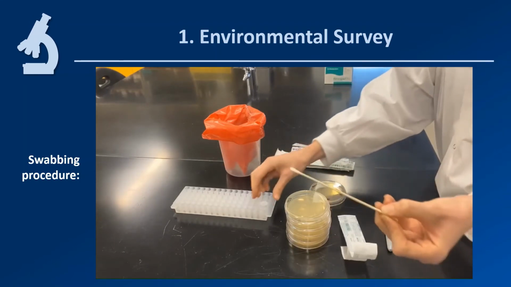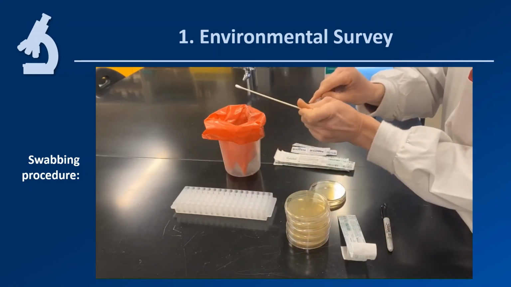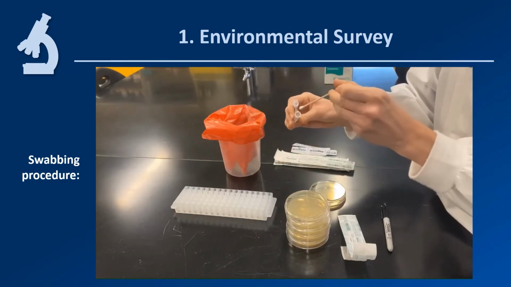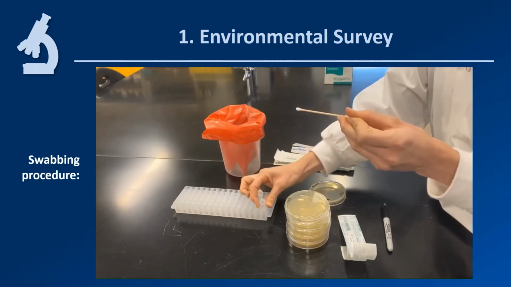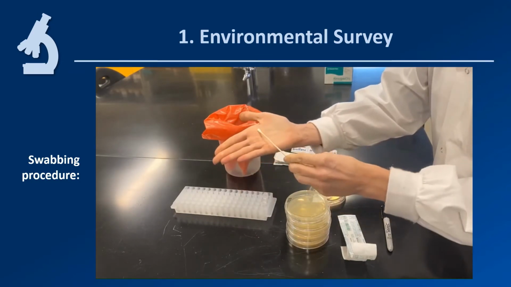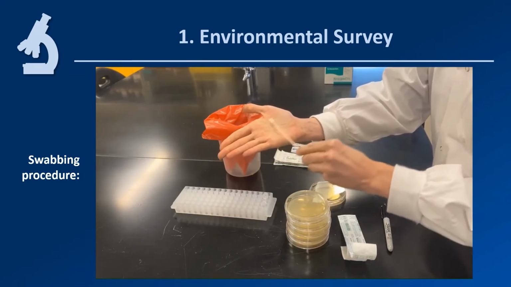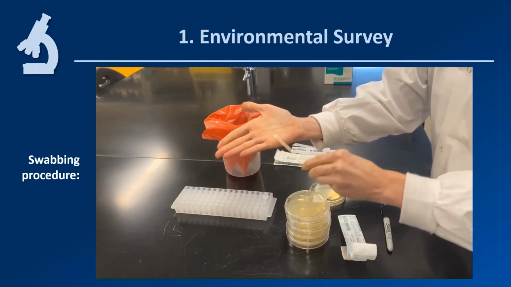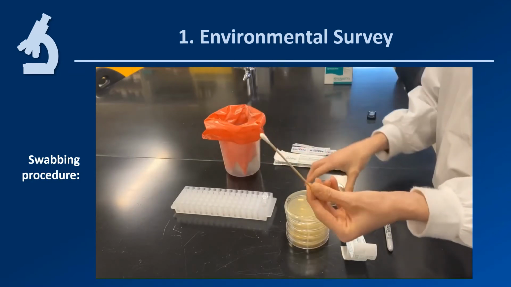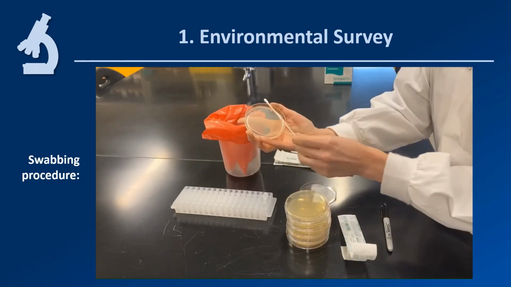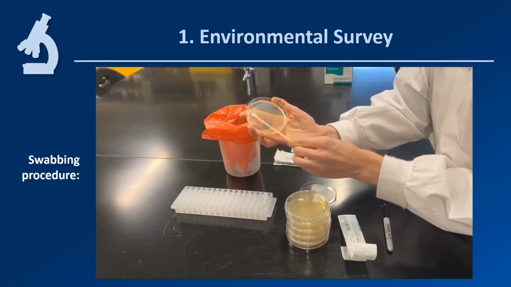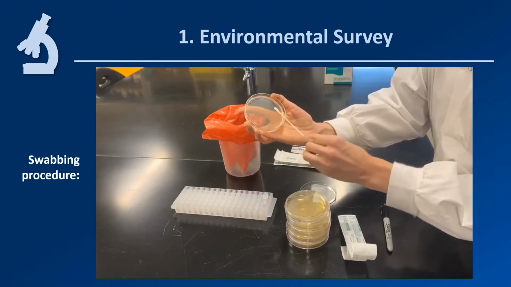I'm going to dip it in a tube of sterile TCS media. And then I'm going to swab the palm of my hand. After that, I'm going to streak it back and forth across the entire plate.